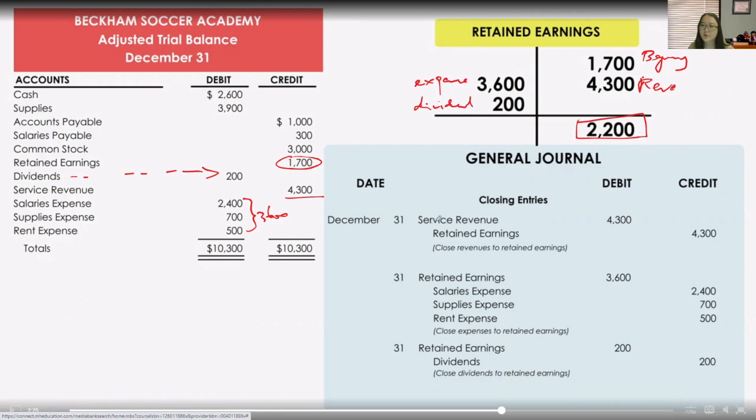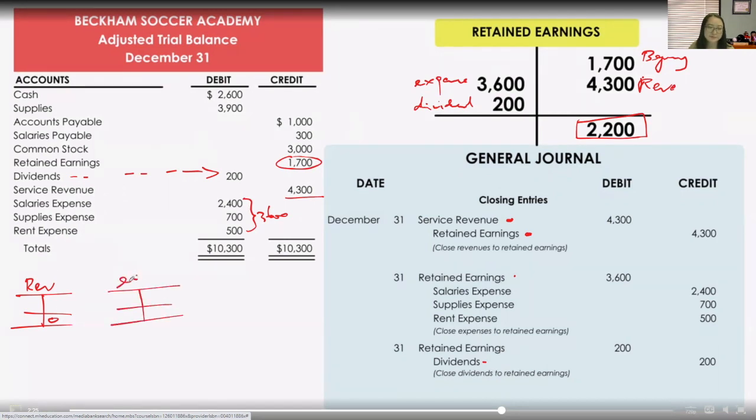We said we want to dump everything out of revenue by debiting revenue and crediting retained earnings. We want to dump everything of the expenses account by crediting all the expenses and debiting retained earnings. We want to dump all dividend amount out by crediting that dividend and debiting retained earnings, because revenue is a credit account, right? Revenue has a credit balance.